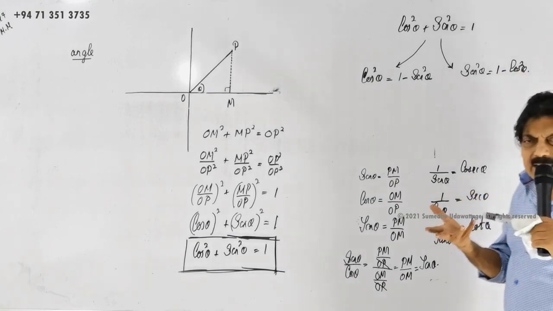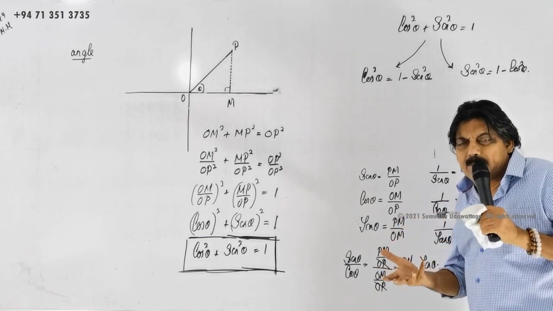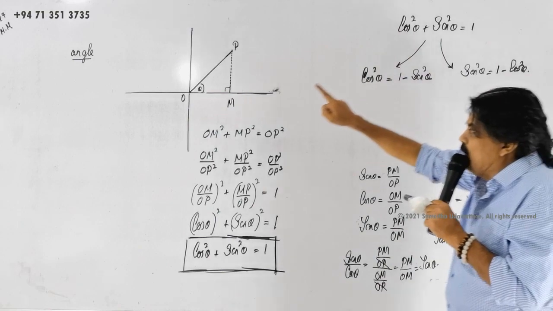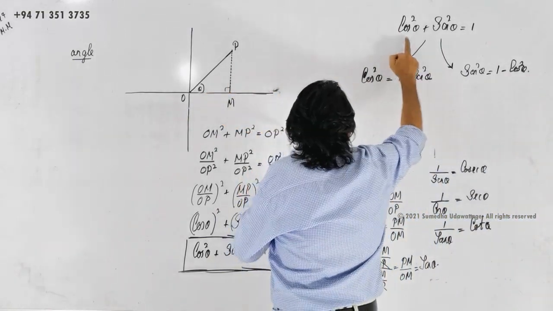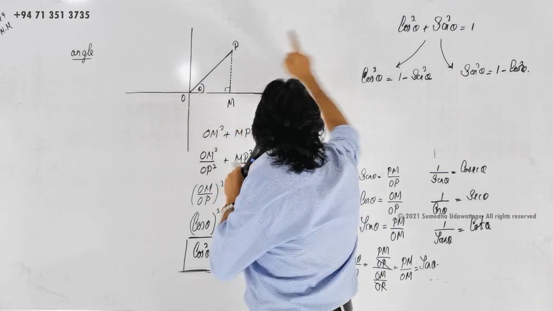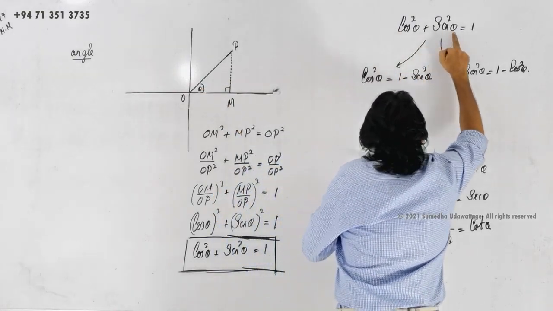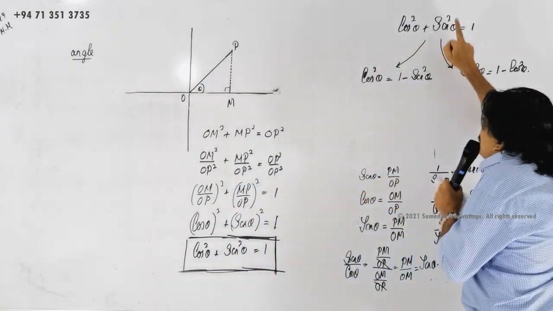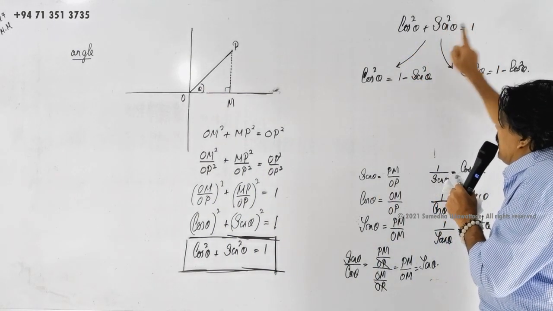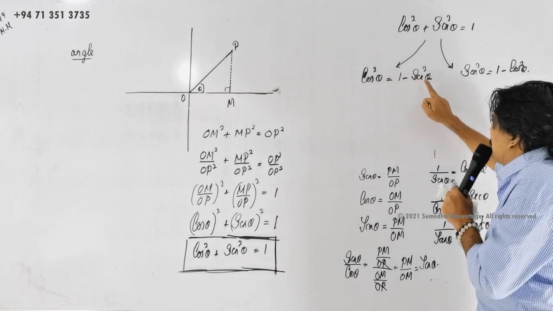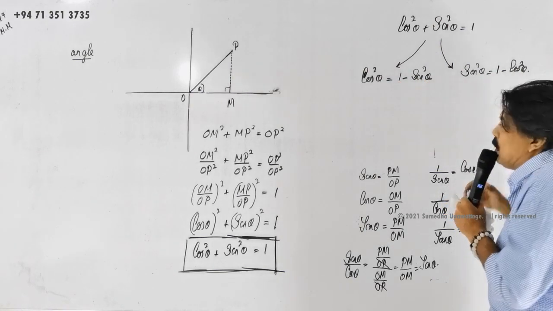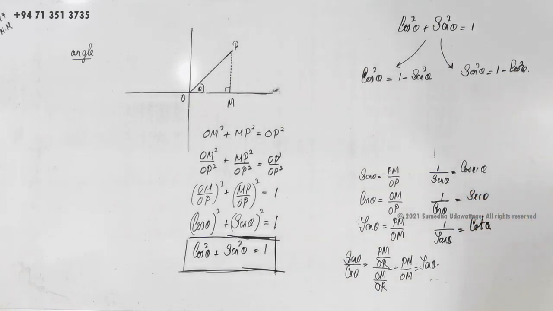To make it easier to talk about, whatever the angle is, when we wrote theta here, it comes in theta. Instead of theta, if I write something like A, this comes in A.